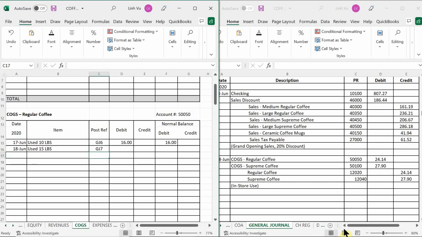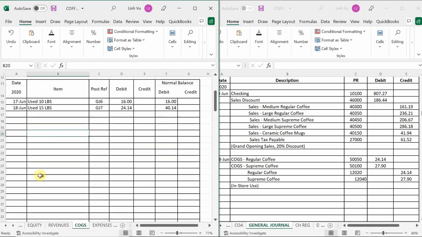So we're in General Journal 7 here, which cost me $24.14. So in this case, what is my grand total ending balance in my cost of goods sold for my regular coffee account? $40.14.